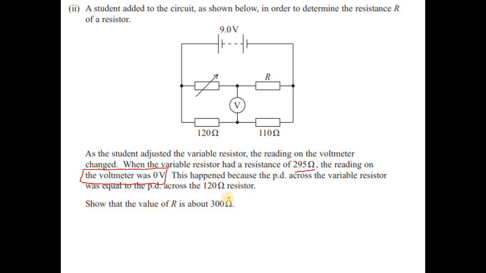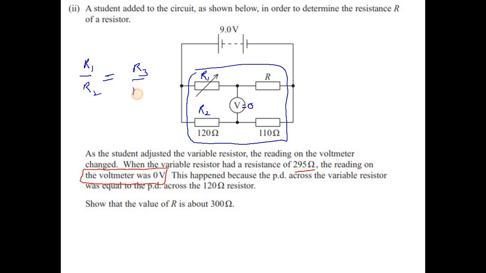So remember, whenever you have this type of arrangement, if you see this closed loop where two resistors are in parallel and then the other two in parallel, and in between we have a voltmeter, and the voltmeter reads 0, that means the ratio between the resistances, R1 upon R2, must be the same as R3 upon R4.